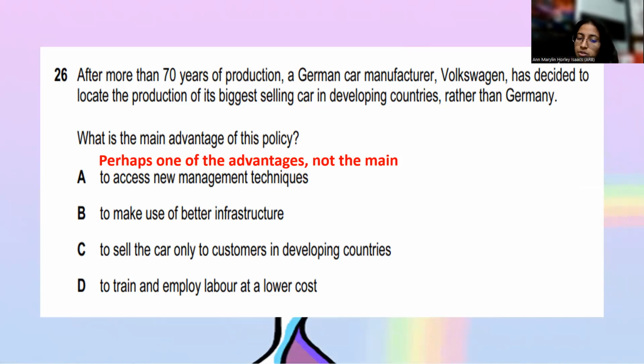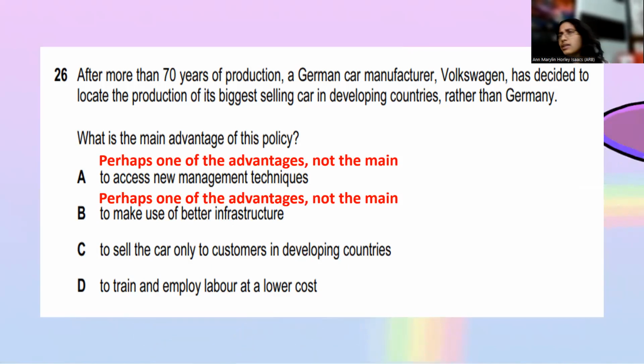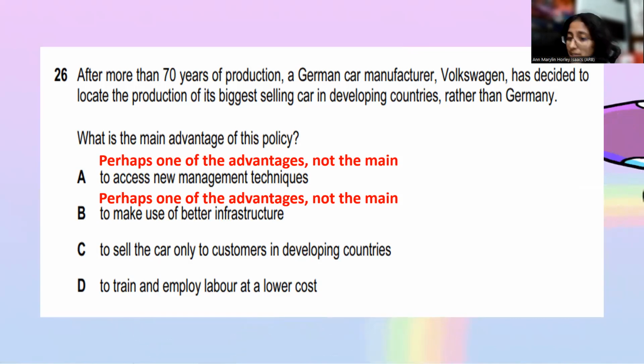To make use of better infrastructure. Infrastructure usually refers to the buildings and the facilities which are available. So again, how different is it building a factory in one country from another?